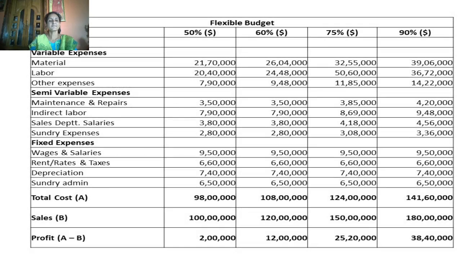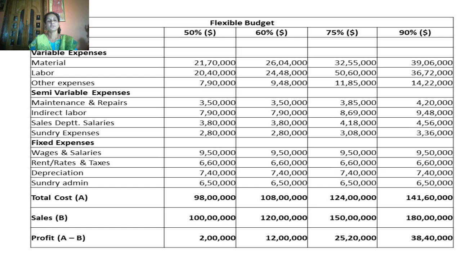See here, maintenance and repairs at 50%. What's the amount? 3 lakh 50. So this 3 lakh 50, that is, this maintenance and repair semi-variable expense, remains the same up to 65%. Next level of output you have to calculate is for 60%.